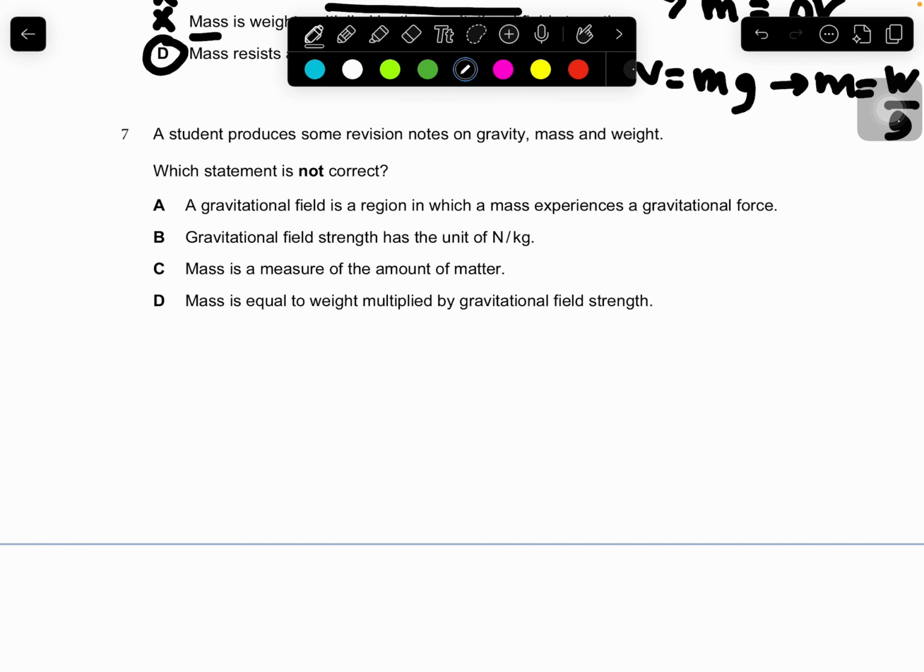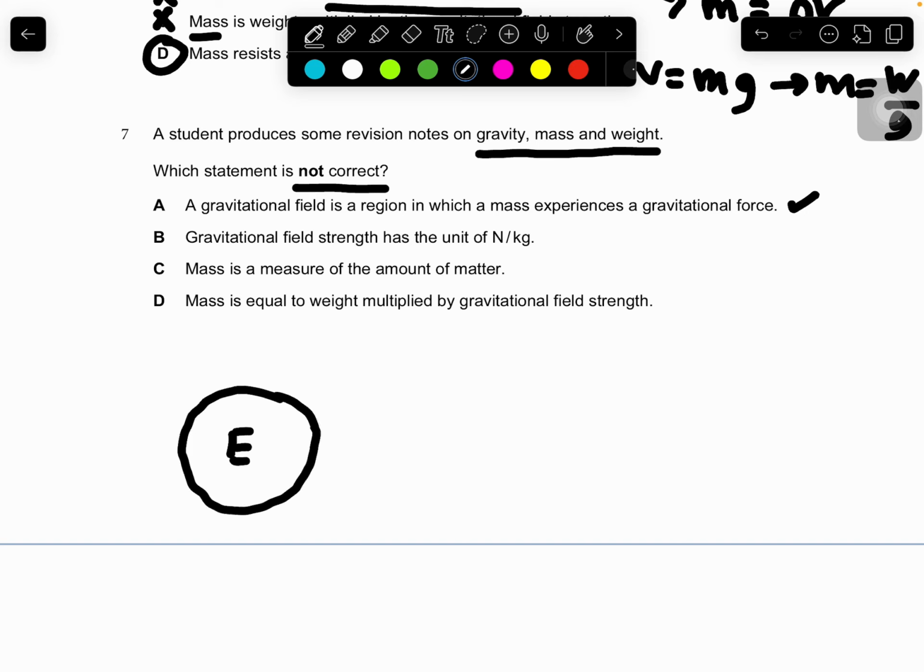A student produces some revision notes on gravity, mass, and weight. Which statement is not correct? A gravitational field is a region in which a mass experiences a gravitational force. This is correct. We saw a diagram as well where planet Earth was the big mass, and our asteroid or comet was the smaller mass.